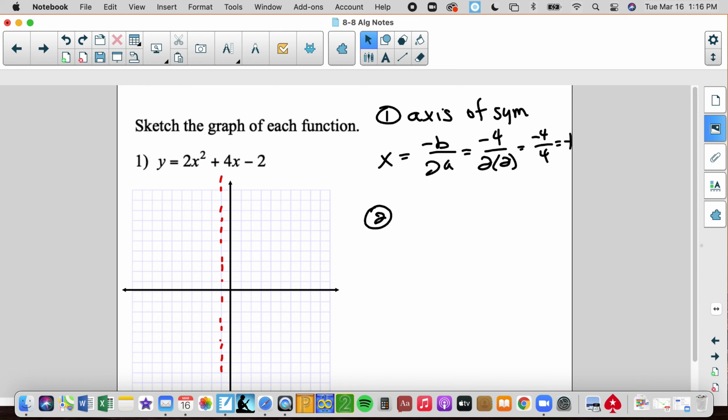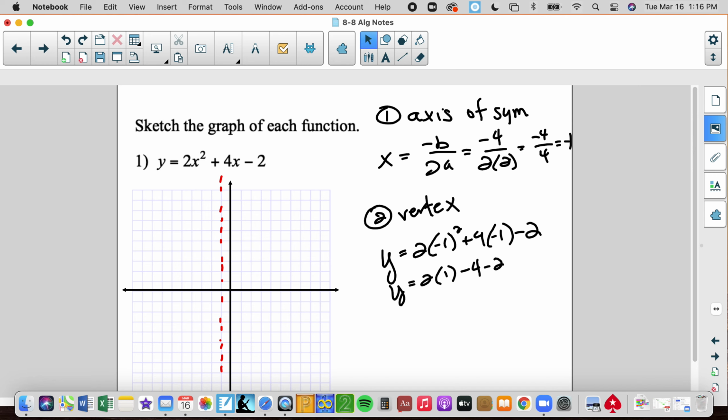So step 2 is find the vertex. I'm going to plug my negative 1 into that equation. So y equals 2 times negative 1 quantity squared plus 4 times negative 1 minus 2. So we get y equals 2 times 1. Negative 1 squared is positive 1.